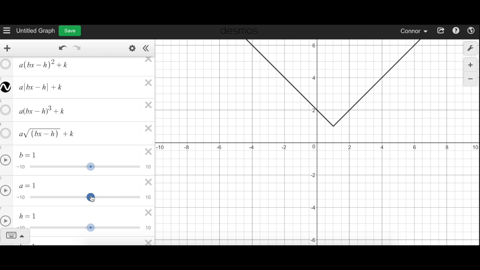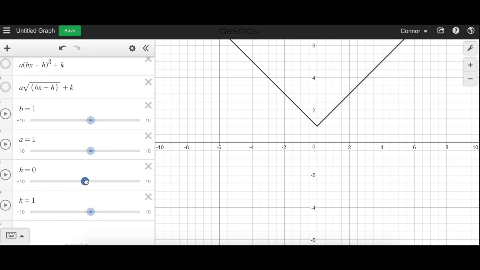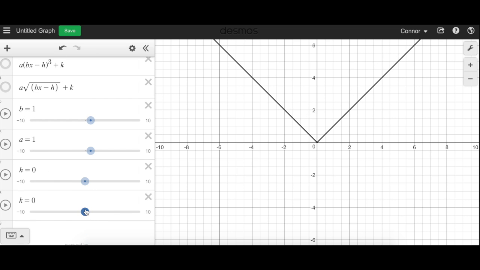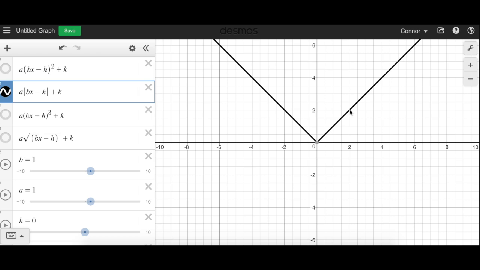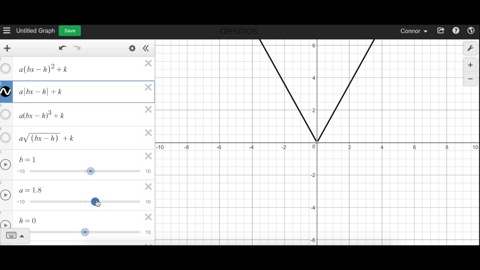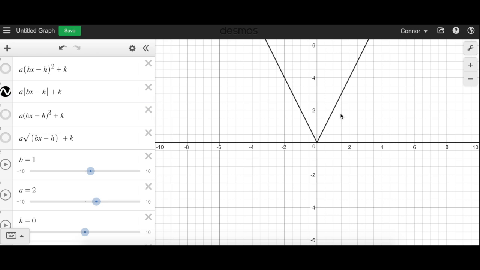You can tell that it stretches vertically because the x value stays the same, but the corresponding y value doubles. So you can tell here at 2, 2, that when I make a 2, it becomes 2, 4.